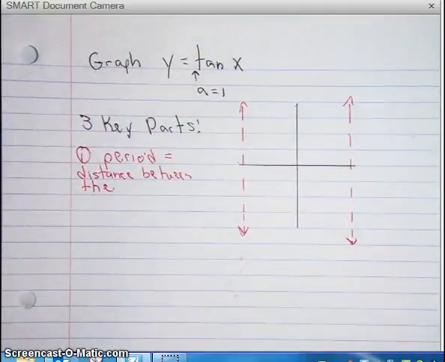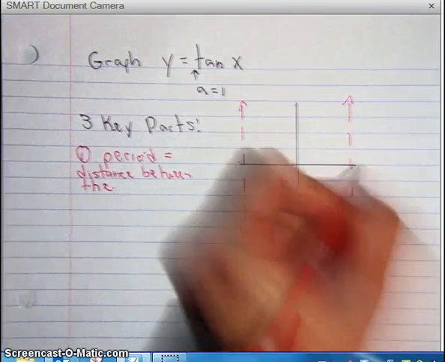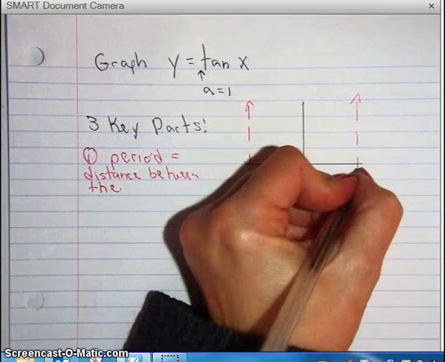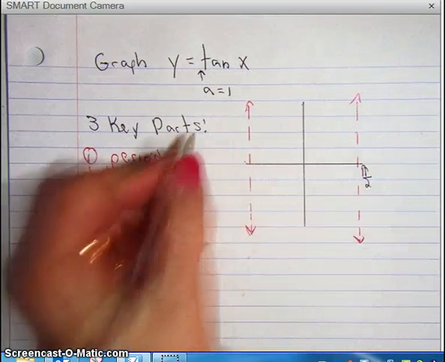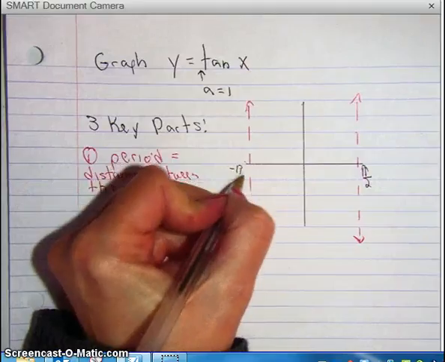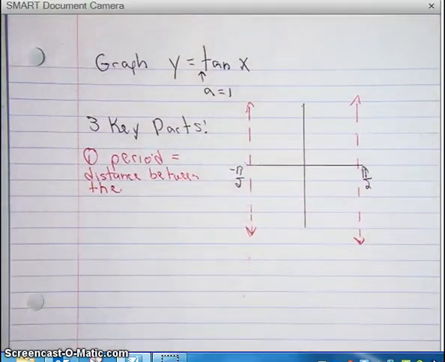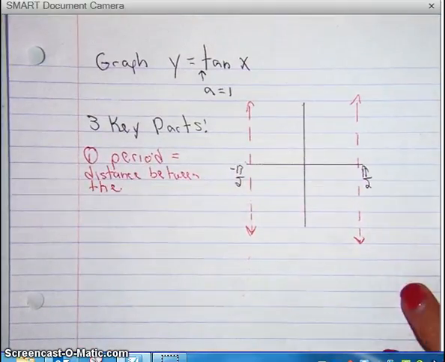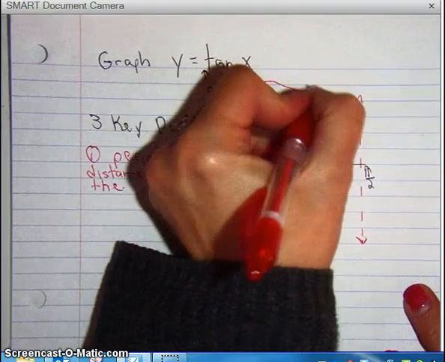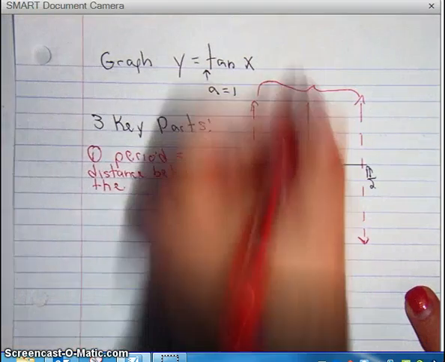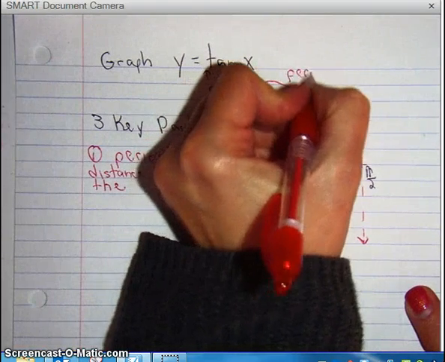For the parent tangent graph, the asymptotes are at pi over 2 and negative pi over 2. The distance between the asymptotes is the period.